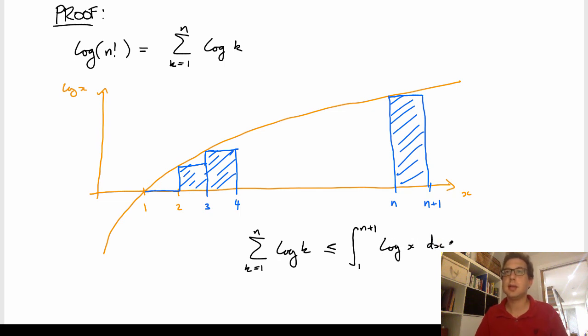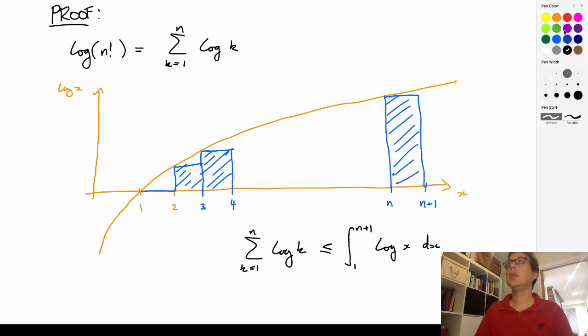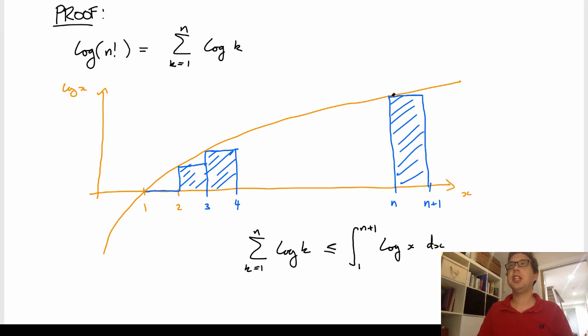x dx. Okay, now I'm going to draw this picture slightly differently. So notice now, let's suppose I just shift these rectangles one space to the right. So I'd end up with this being here. I'm just going to shift this over one space.